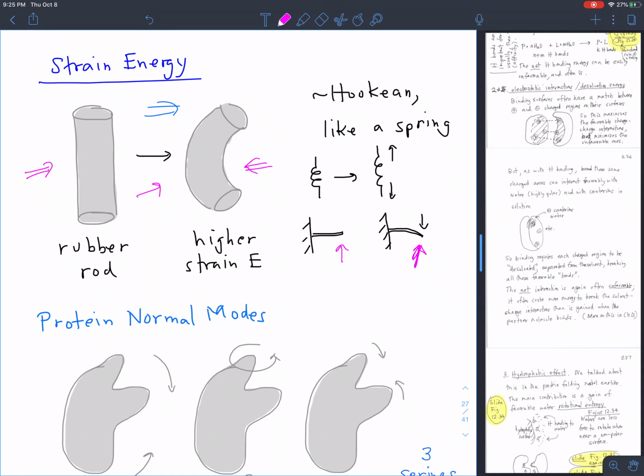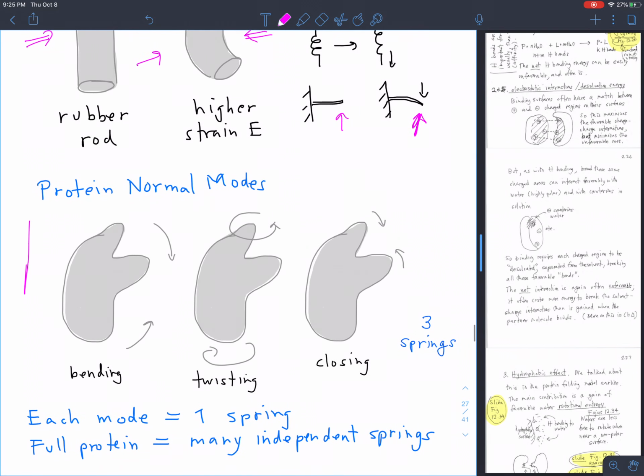or a cantilever like this. And in fact, if you've got a protein, it turns out that there's various different ways of deforming the protein. You can bend the protein, just grab it here and grab it there and bend it. Or you can grab it here and grab it there and twist it in two different ways.